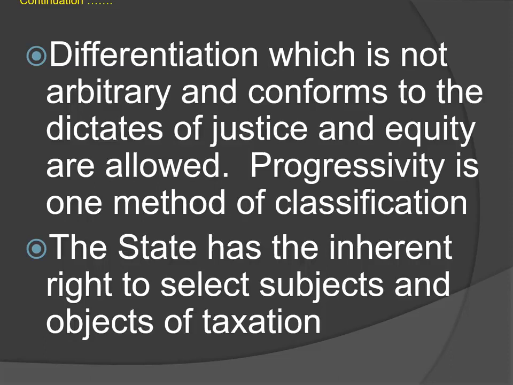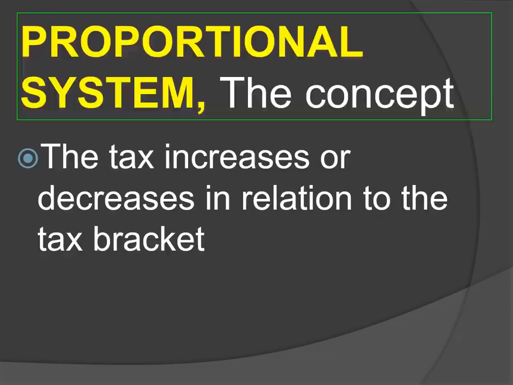Number three, the classification must not be applicable only to existing conditions, but to future conditions as well. And lastly, the distinction or the differentiation must be applicable to all members of the same class. And therefore, if we have that, the differentiation now is not going to be arbitrary. So, therefore, progressivity is thought out to be one of the methods of classification. The state, of course, has the inherent right to select subjects and objects of taxation.